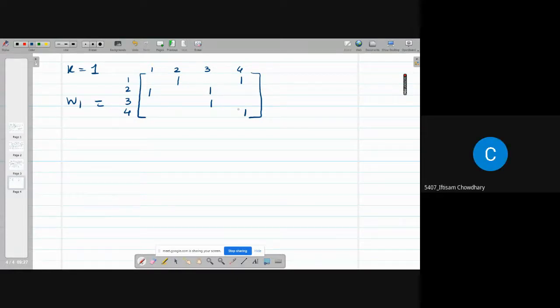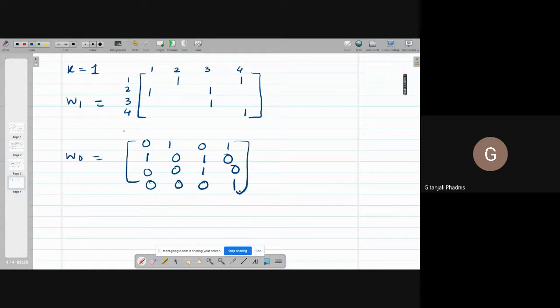Now, when you set k is equal to 1, in the first column, look at your W naught. I'm writing W naught again for your reference: 0 1 0 1, 1 0 1 0, 0 0 1 0, 0 0 0 1.